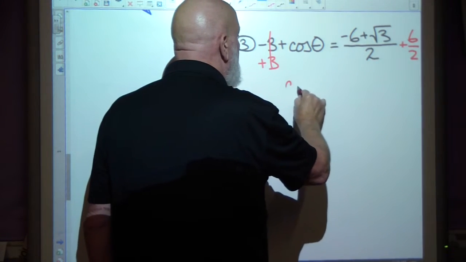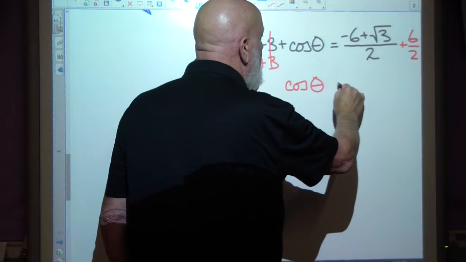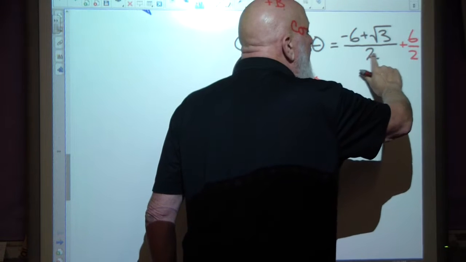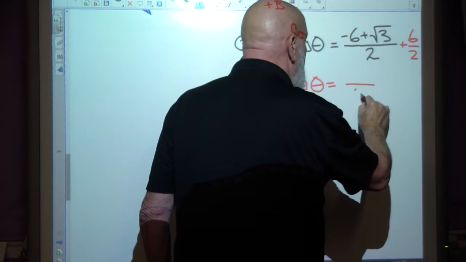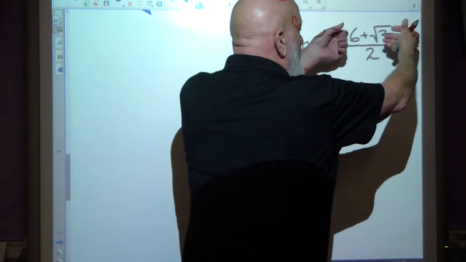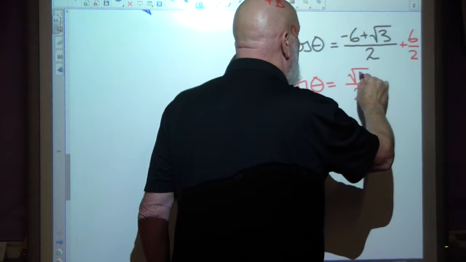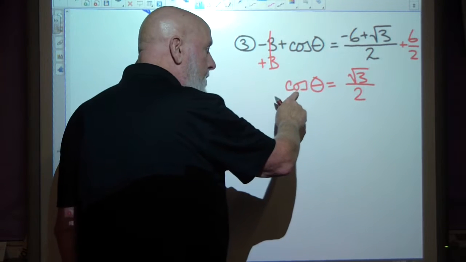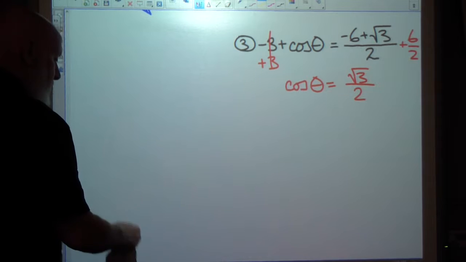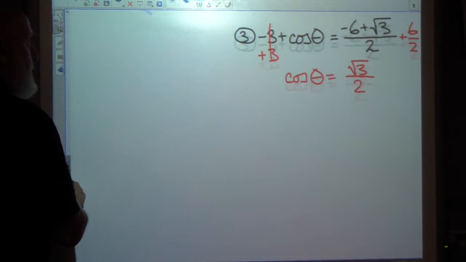This cancels, gives me cosine theta is equal to negative 6 plus radical 3 plus 6 over 2. I'm going to add my numerators and leave the denominator the same. 6 and negative 6 cancel each other out, leaving me with radical 3 over 2. It's positive, so that'll help me determine which quadrant the reference angle is in.